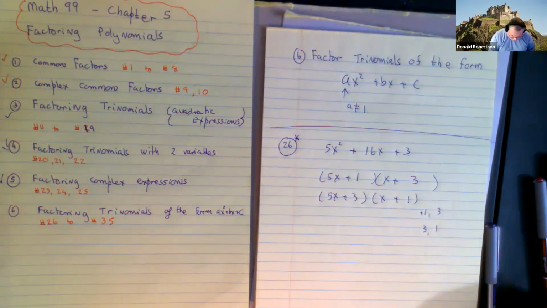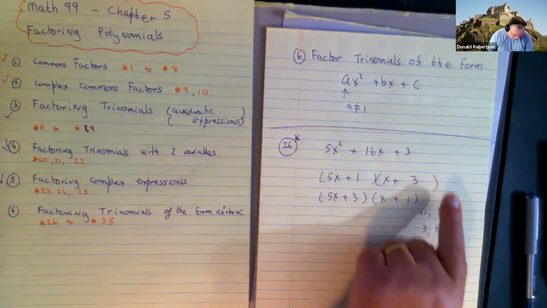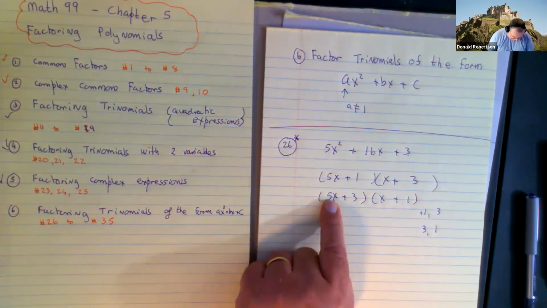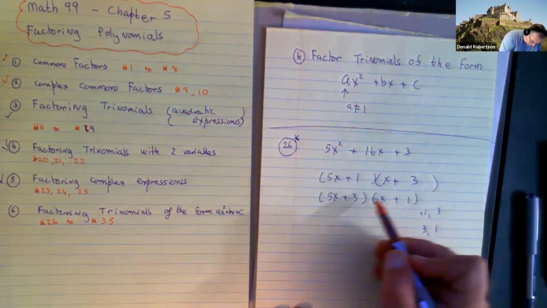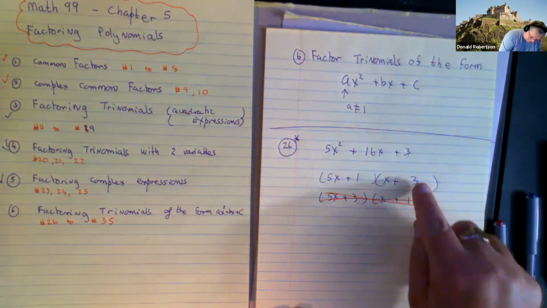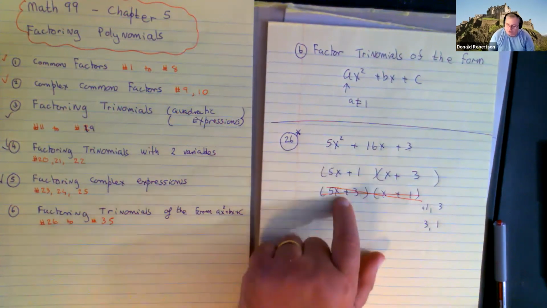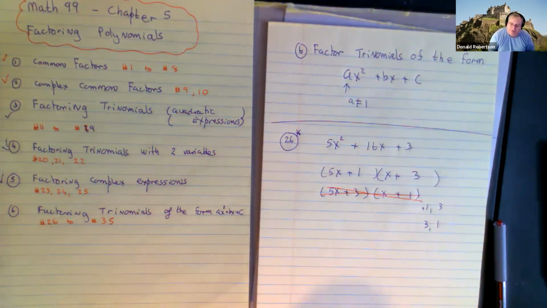Since there's only one correct answer, one of these must be the correct one, and the other one doesn't work. Well, if you do a quick FOIL on it, you'll have to trust me on it. This one doesn't work. There's your answer. That was easy to do because there was only two choices, and you just FOIL it out to find out which one is the right choice.